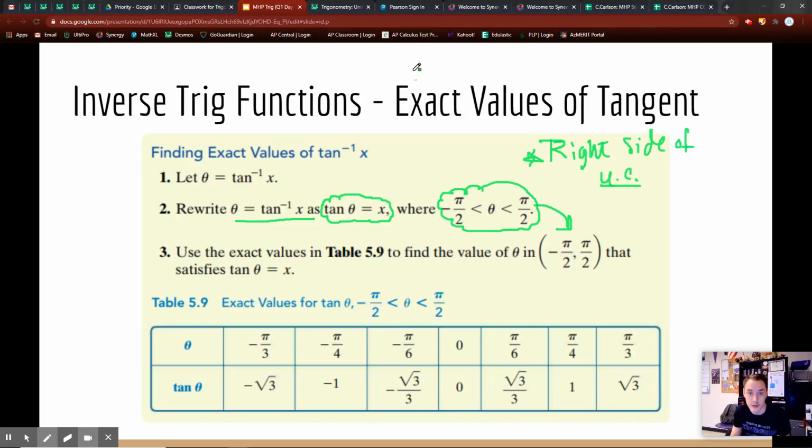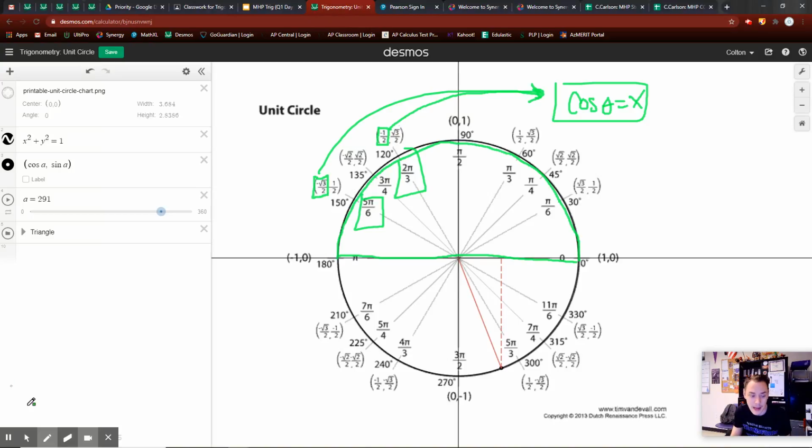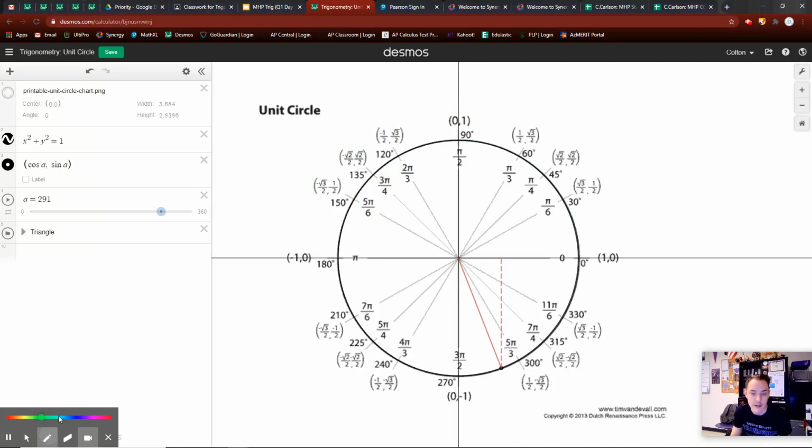We can use the unit circle, not the top half, but the right half. But I'm not going to be including these angles. So watch what I'm doing here. Tangent doesn't include those angles, so don't include that.